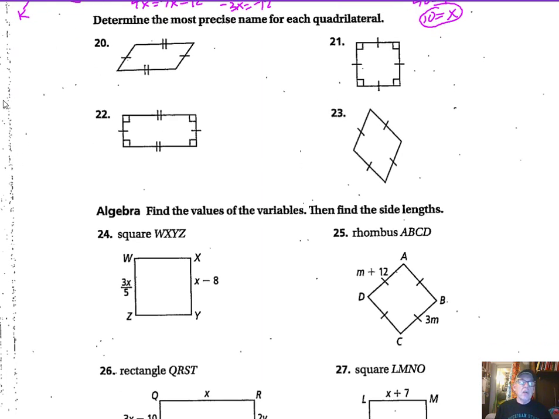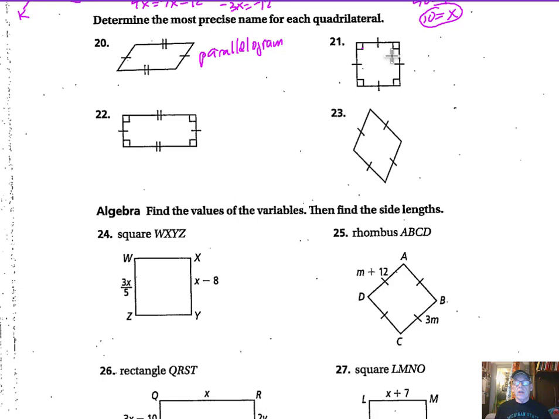Let's find the precise names for these quadrilaterals. So we have opposite sides parallel, or opposite sides congruent. That's a parallelogram. So at 21, we have all sides congruent. That makes it a rhombus.